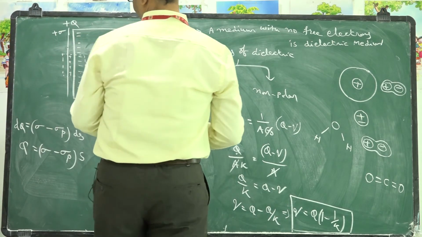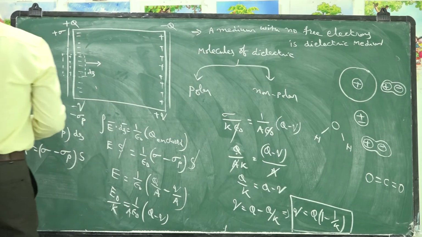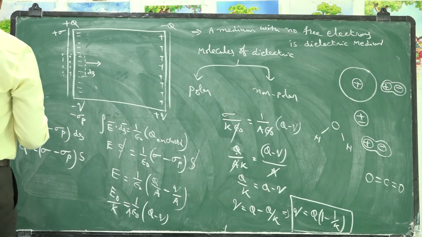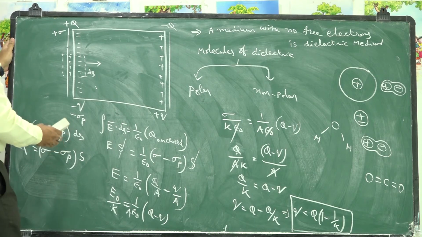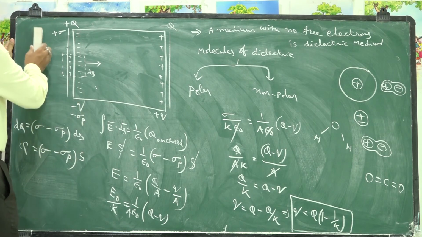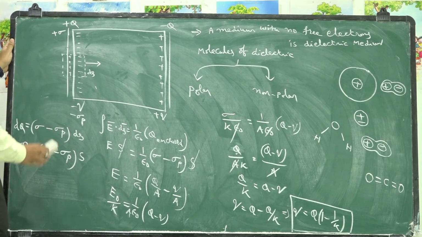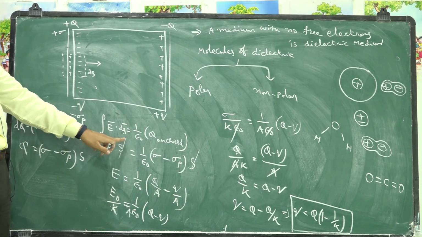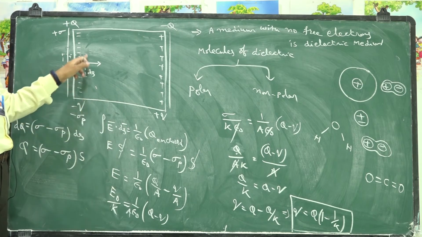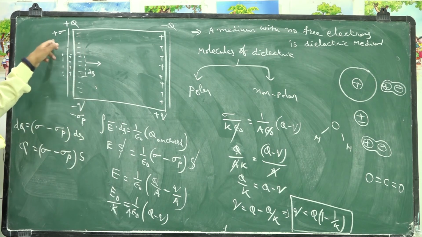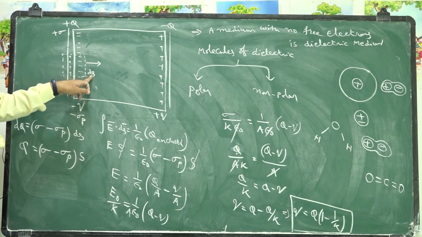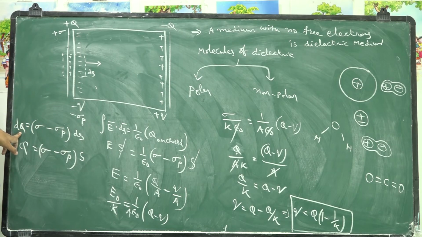Similarly, there is one more important point we have to remember related to dielectrics for solving problems. Here it is very simple. I applied Gauss law. Gauss law is applied for a Gaussian surface. If I take a small Gaussian surface through the small area, the flux is going.